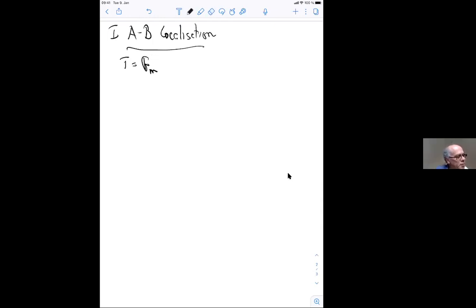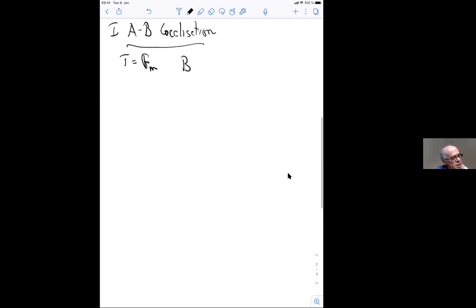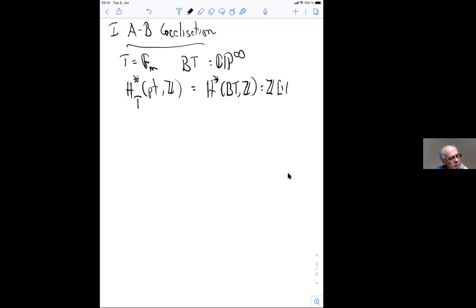Let me just take G_m for example, and then BT is P infinity or CP infinity if you want, and so the equivariant cohomology of a point will just be the usual cohomology of BT. So this is just a power series ring in one variable, or maybe let's call it e. e is the Euler class or first Chern class of O(1).